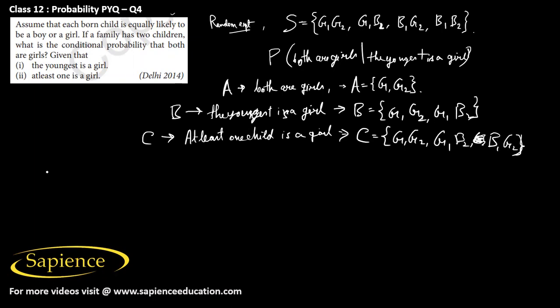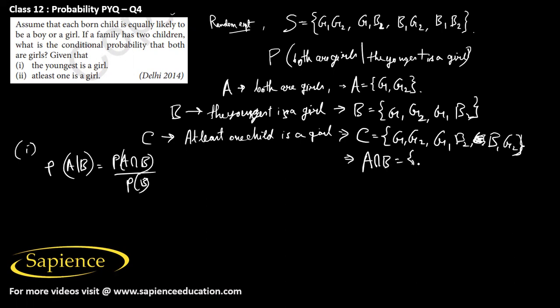So now here it is asked, what is the conditional probability that both are girls, given that the youngest is a girl? Meaning P of A given B, that we have to find. So that would be P of A intersection B divided by P of B. If we do A intersection B, then it is (G1, G2) only, the common element in these two sets.